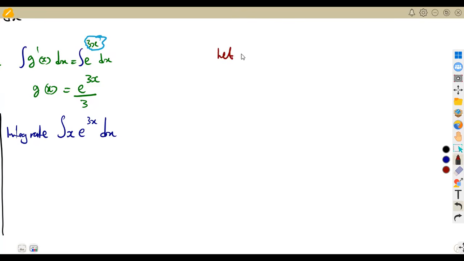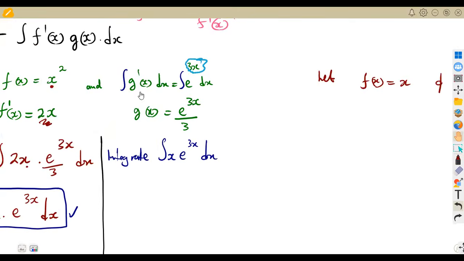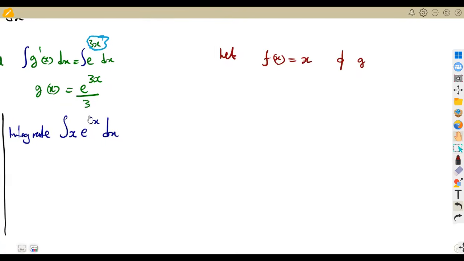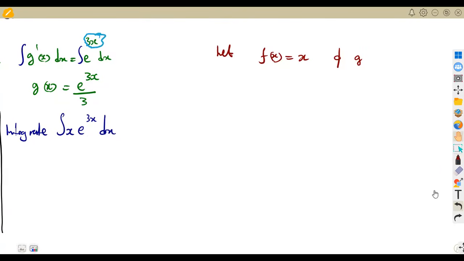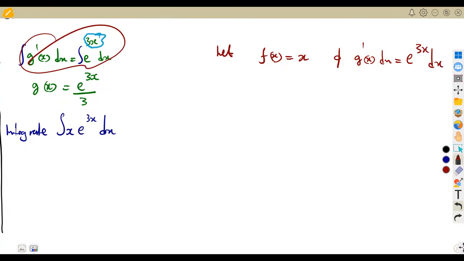So let f of x be equal to x, which is the algebraic, and g prime x dx is the remaining part. This is the part that is remaining, e to the exponent of 3x with respect to x. As you can see, it's a repetition of the part that we already have.